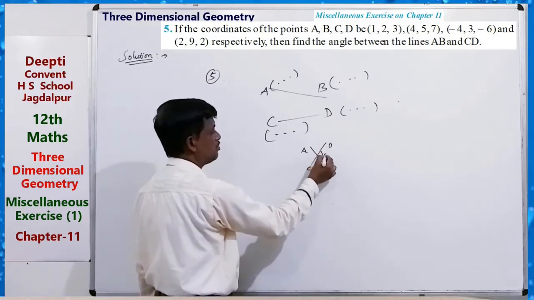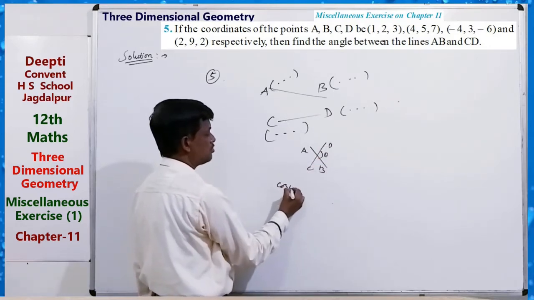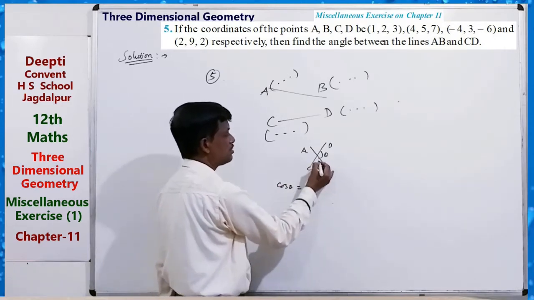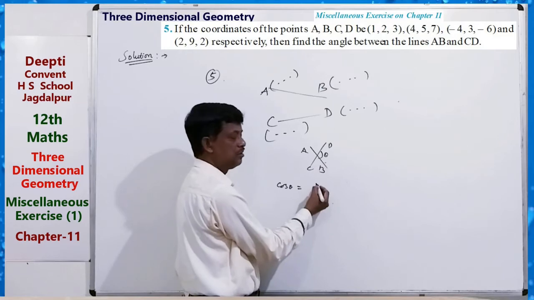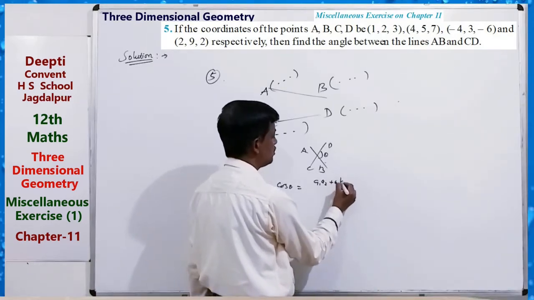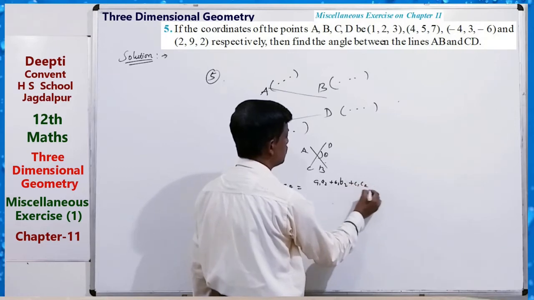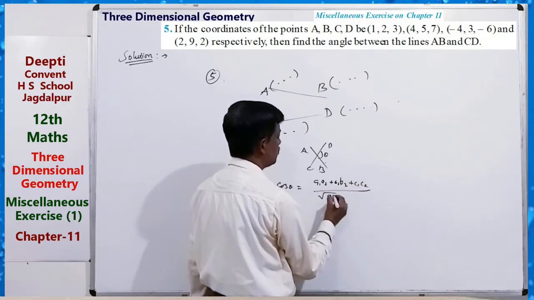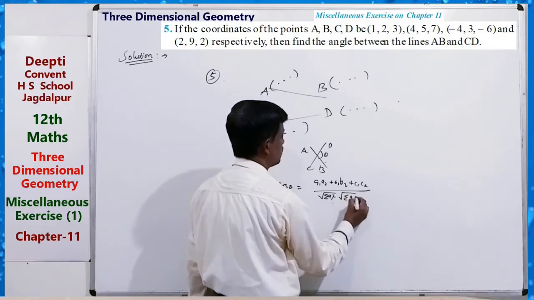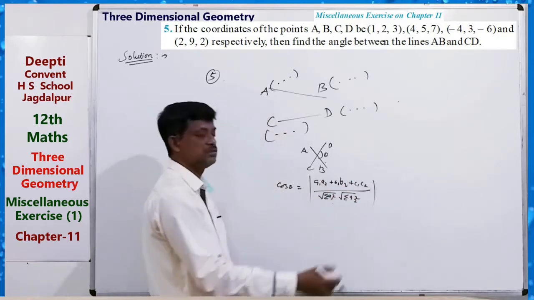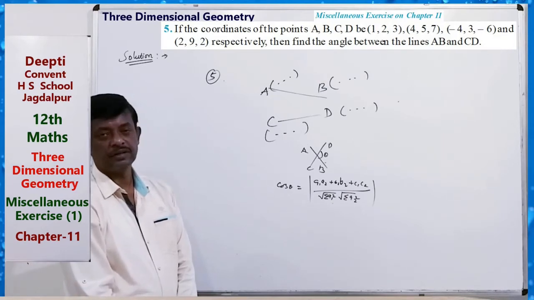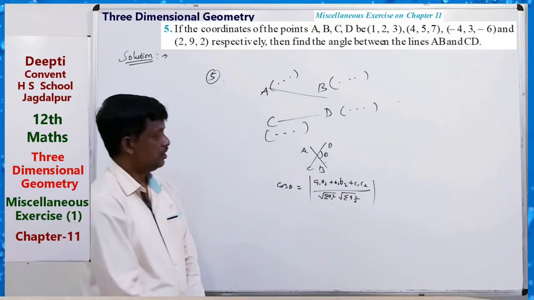So how can you find the angle? Cos theta equals, if the direction ratios of AB are A1, B1, C1 and of CD are A2, B2, C2, then (A1A2 plus B1B2 plus C1C2) upon root over (A1 square plus B1 square plus C1 square) times root over (A2 square plus B2 square plus C2 square). This is the formula.